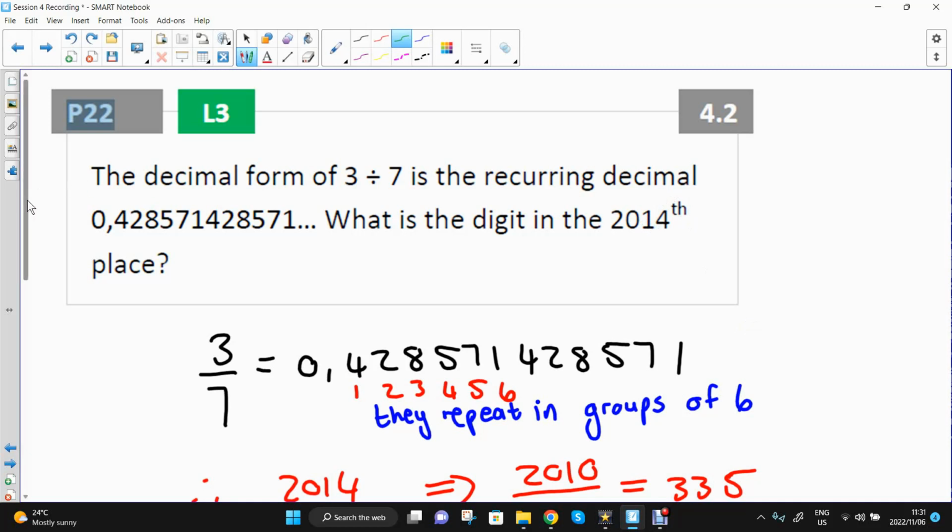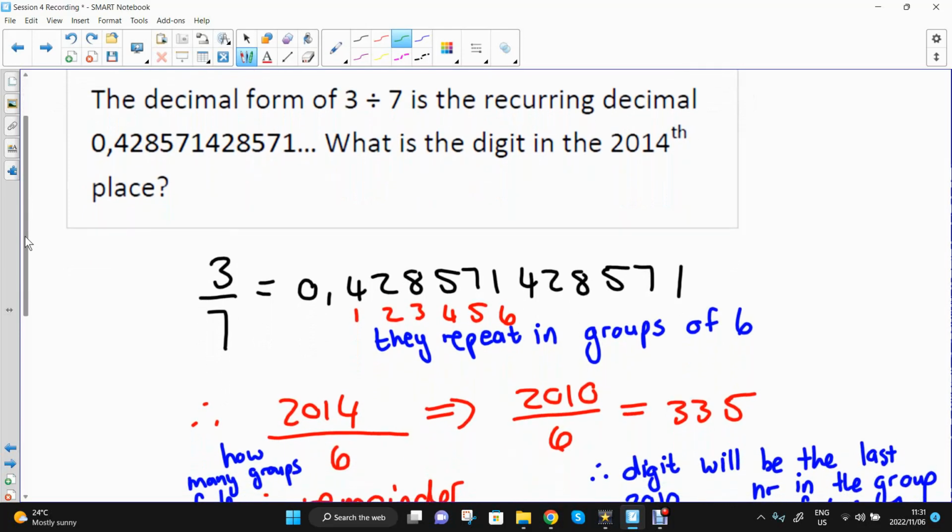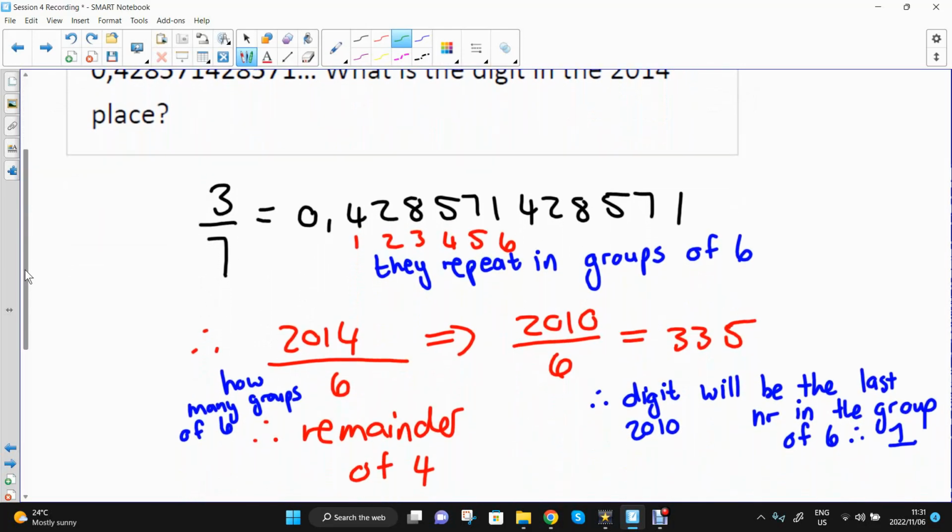So how many times can 6 go into 2014? And that actually can't happen perfectly. If you take 2014 and divide it by 6, you get an ugly answer with a remainder. So obviously 6 can't divide perfectly into 2014, and you need to figure out what is the closest number to 2014 that will be divisible by 6.